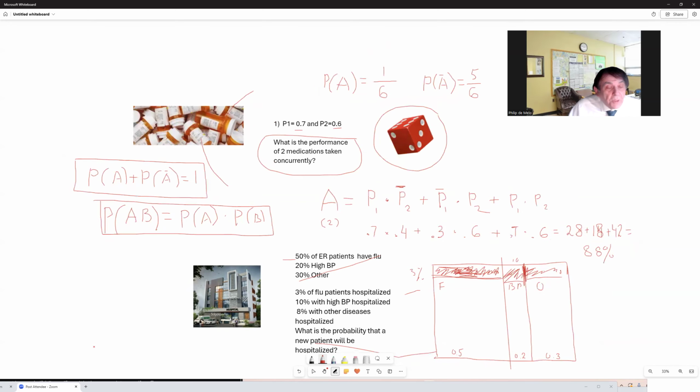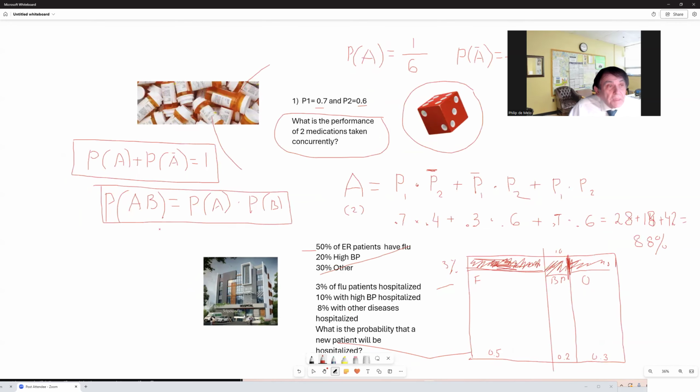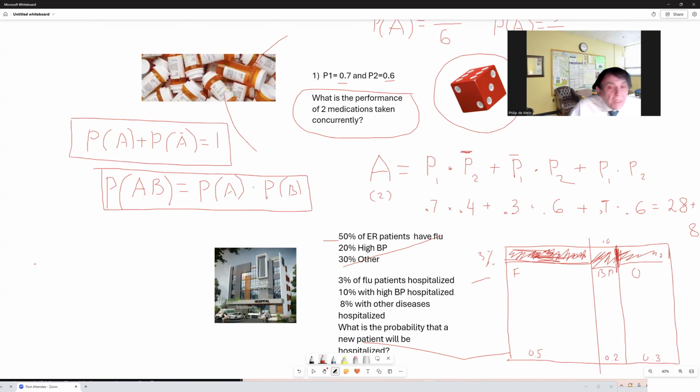Okay, I will put it here, for example. The area of this rectangle is 0.5 times 3%, which is 0.3.